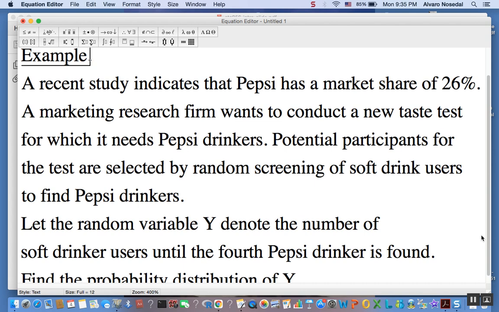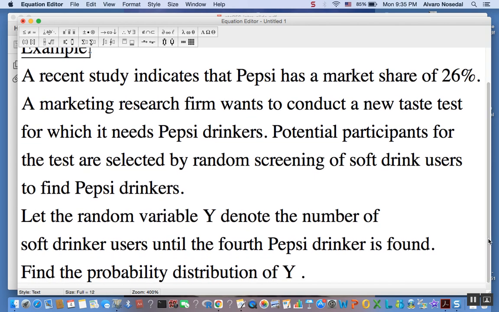They identify Pepsi drinkers. Back then, when we talked about a geometric distribution, the random variable of interest, let's call it X, was the number of soft drink users until we found our first Pepsi drinker.